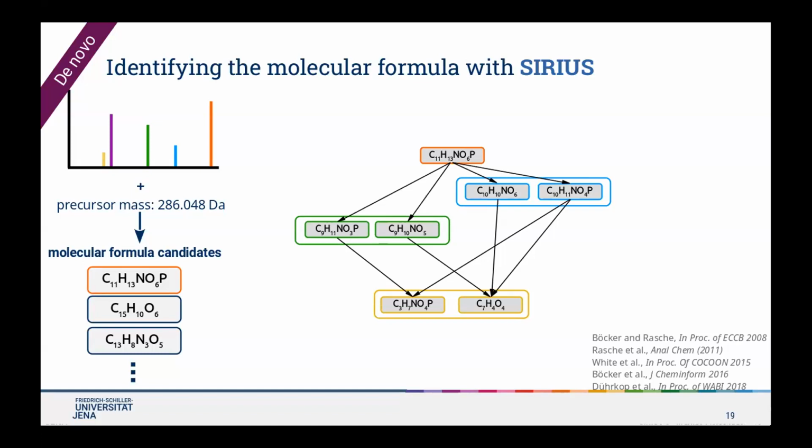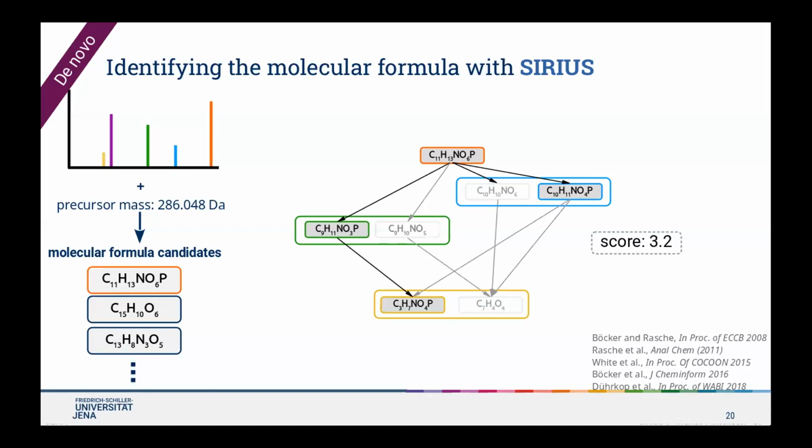So we have scorings that take into account how common a specific loss is between a molecular formula and a fragment formula that is connected to it, right? So the nodes are fragments that match peaks, and the edges are the common losses that have to get lost during the fragmentation process.